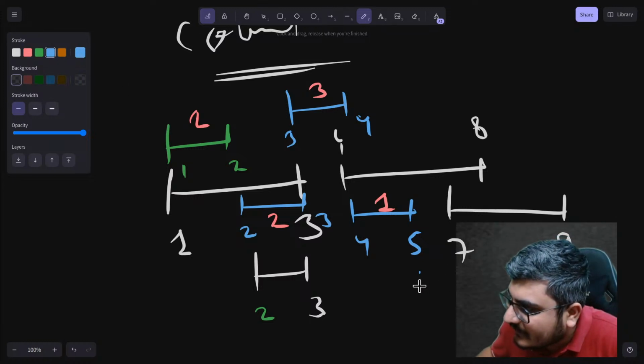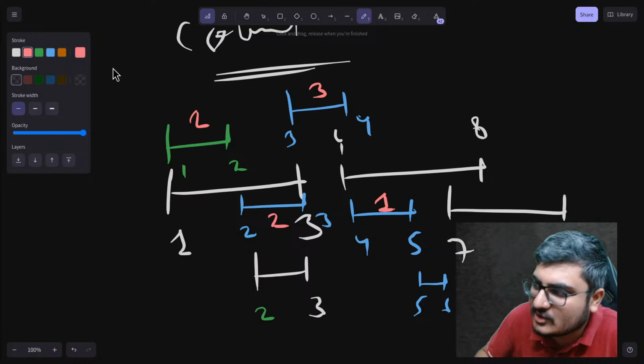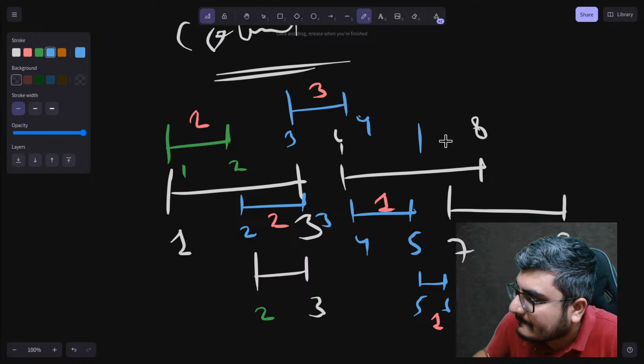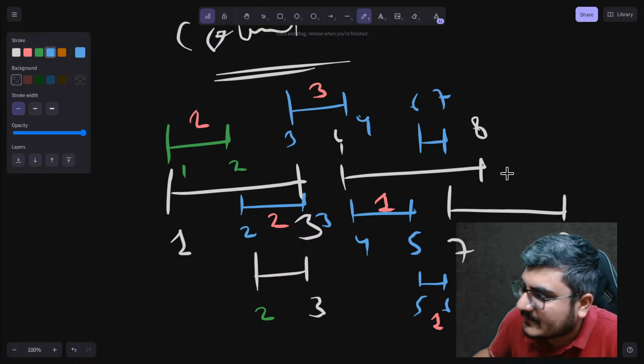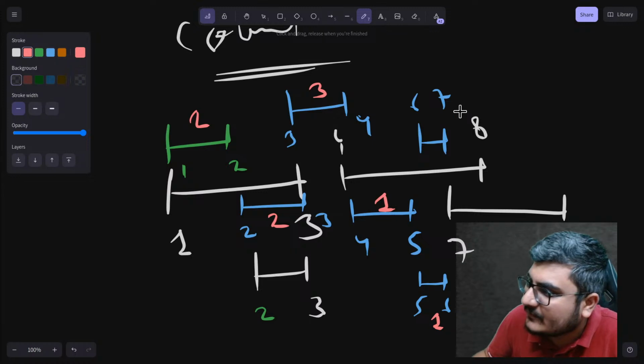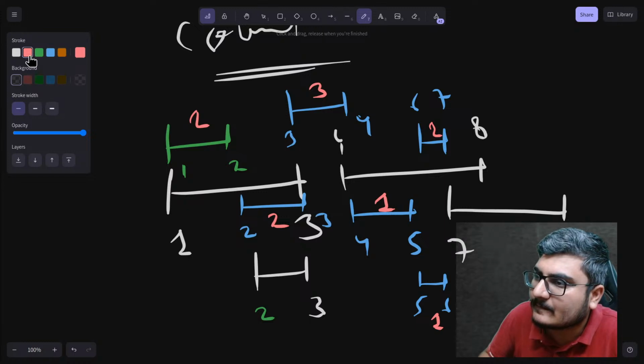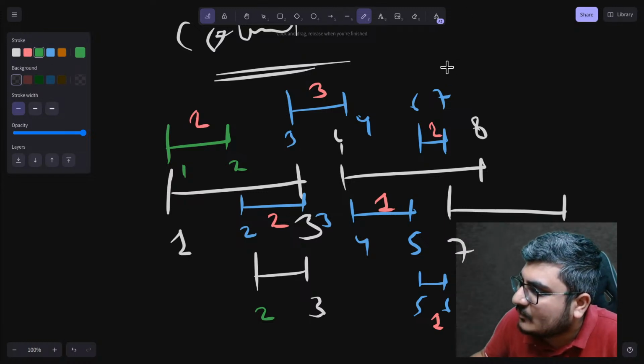Then we will move to 5 and 6. Nothing has changed over here, no new job taken or reduced. Then we will move to 6 and 7. This job will come up again, so our current counter will be 2. Then we will move to 7 and 8.